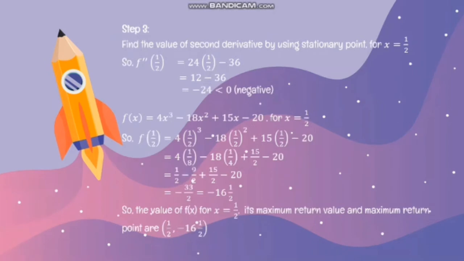Function f(x) equals 4x cubed minus 18x squared plus 15x minus 20 for x equals a half.